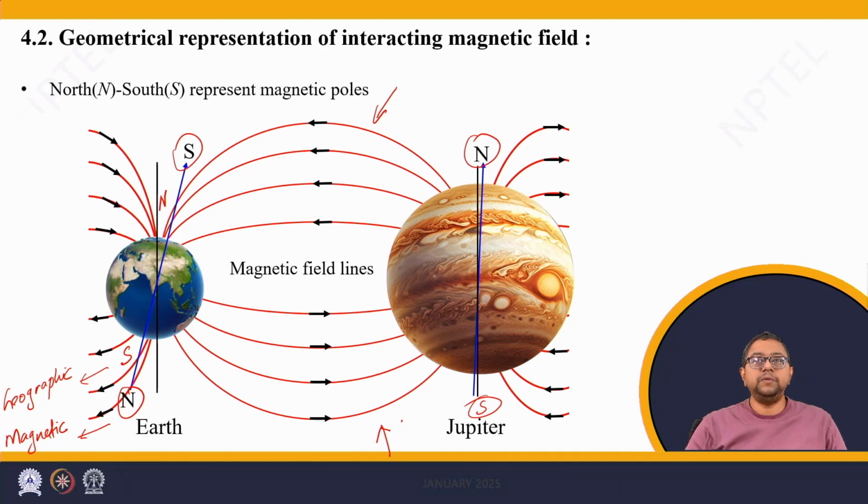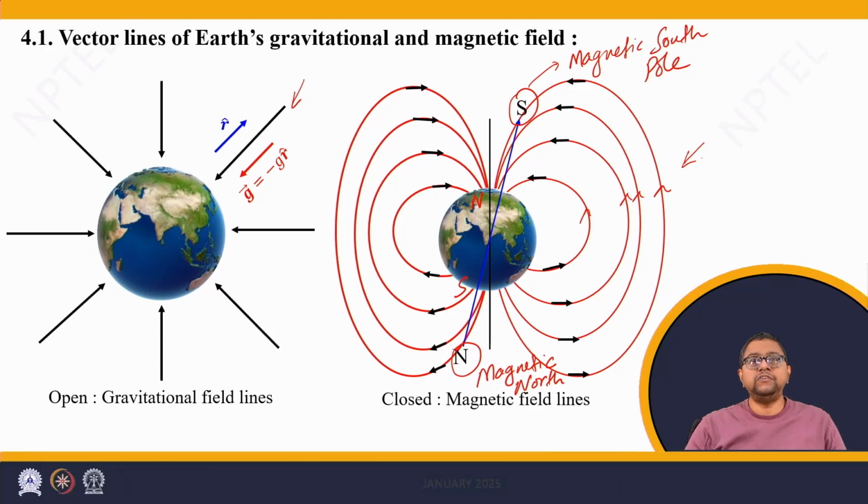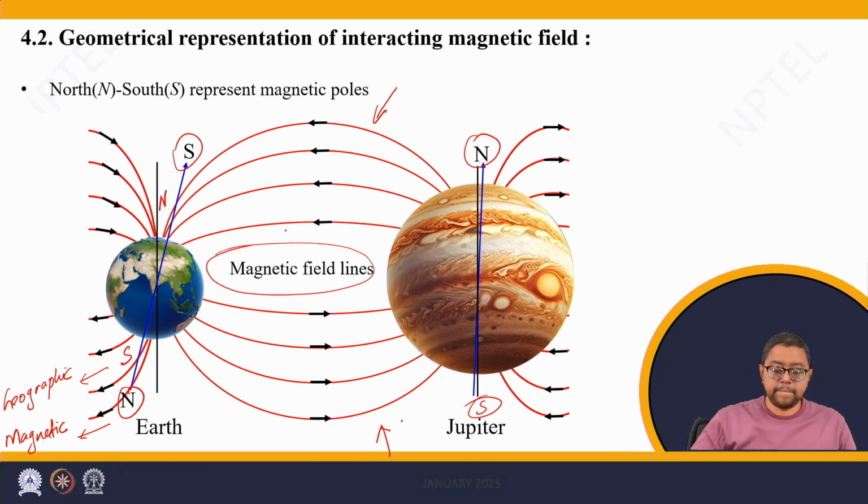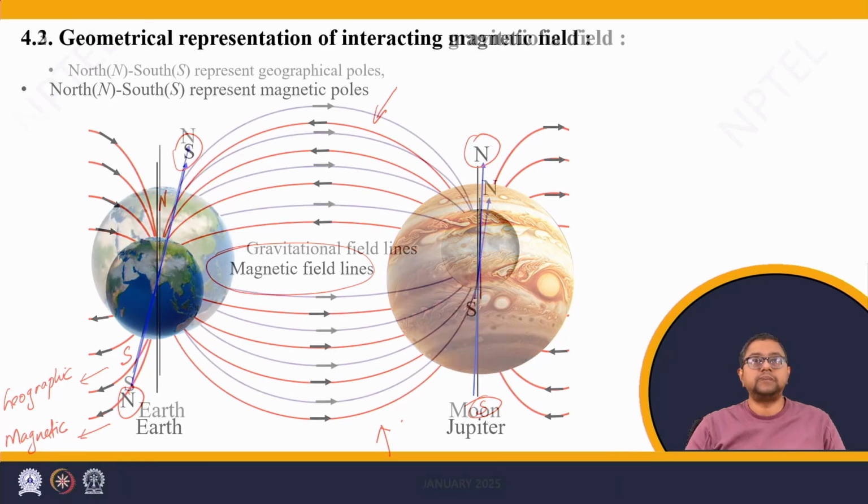Now, the interacting magnetic field lines resemble a completely different geometrical structure than the individual field lines. While the individual field lines represent a dipolar structure, the interacting magnetic field lines represent an elliptical structure. Thus, these interacting field lines can be very useful to understand using vector lines or field lines.